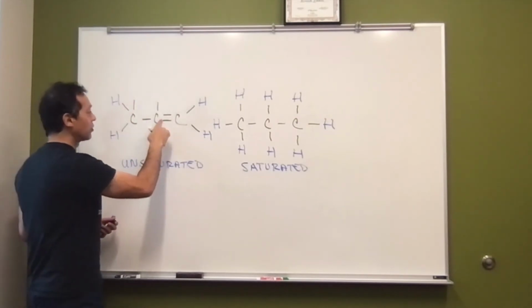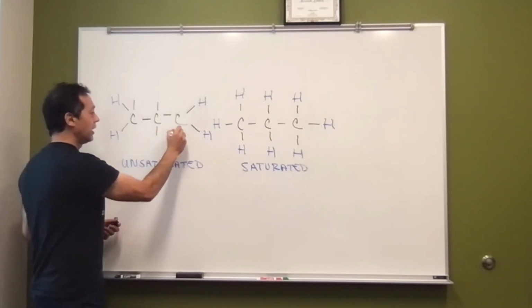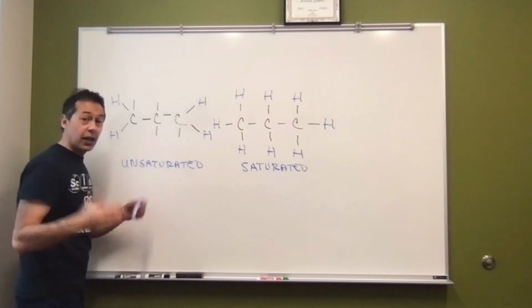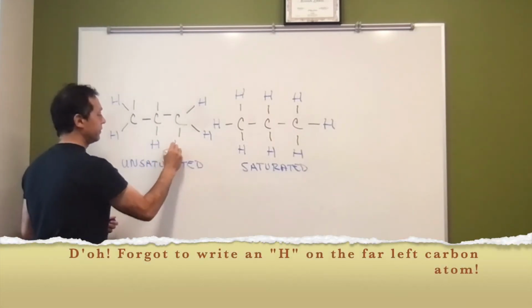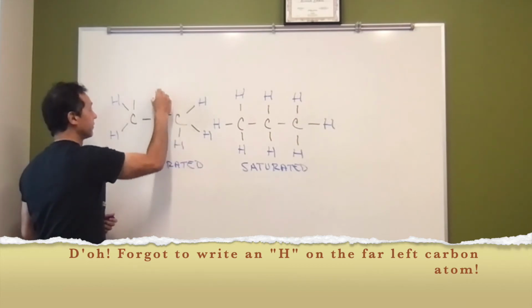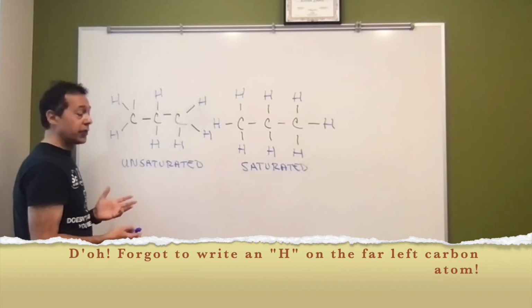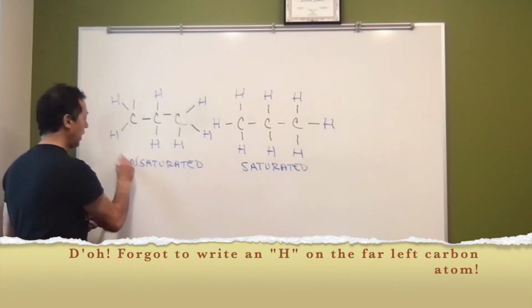Then I'll break this one like this, and I'll end up with another bond and another bond. And I better then put in my hydrogens like this. So by adding all of these hydrogens, I've now made this saturated.